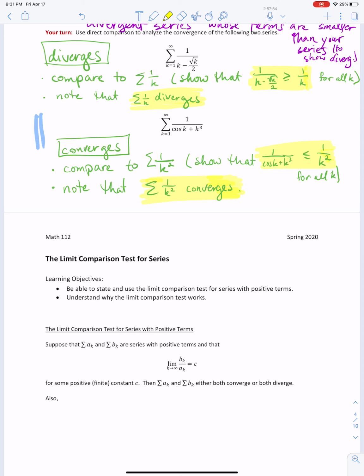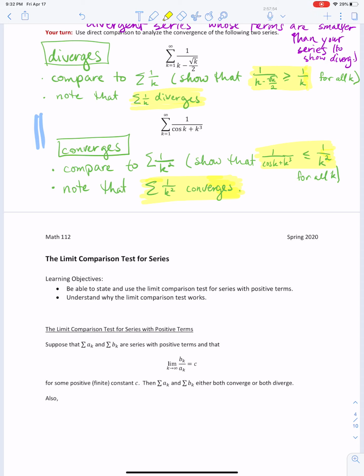You notice that there's a lot of things we had to show here. We had to first guess convergence or divergence, and then we had to find the comparison series, and the comparison series we found had to have a very specific relationship between the terms. The next test is also a comparison test, but it's slightly simpler to use in many cases because you don't have to have a very rigid term-by-term relationship.